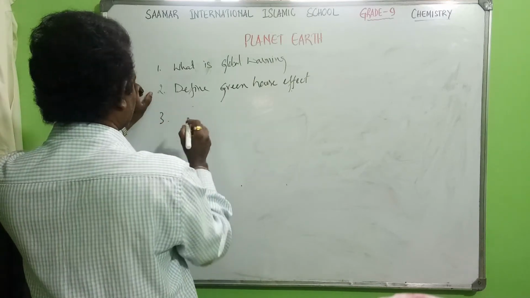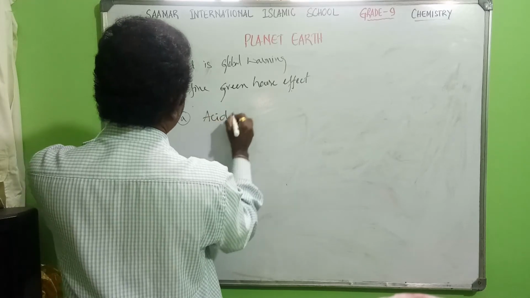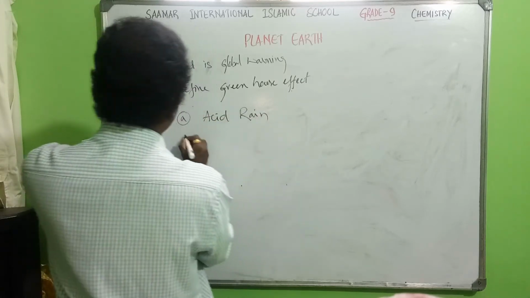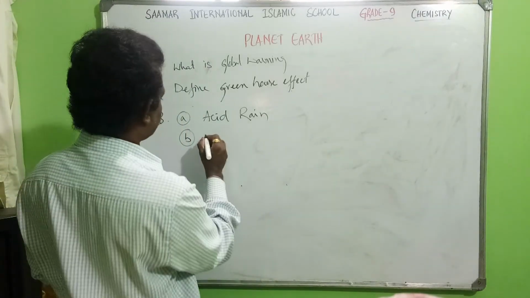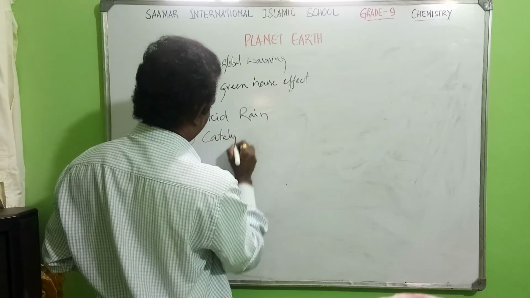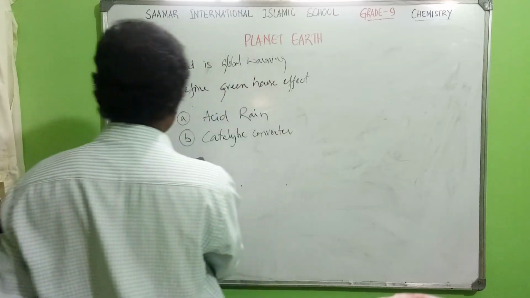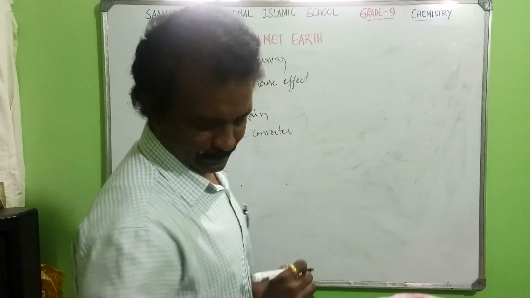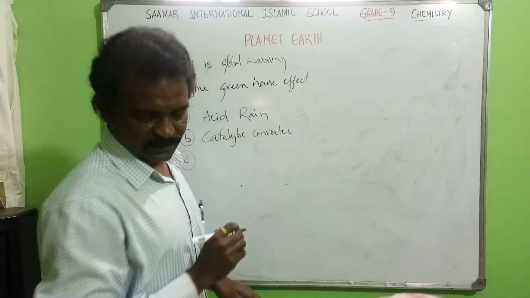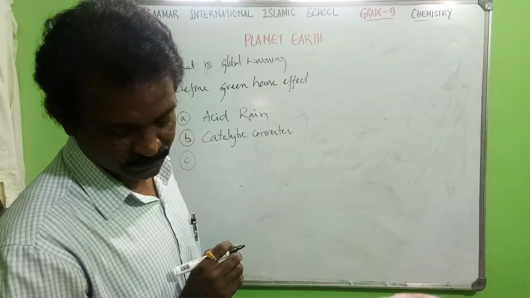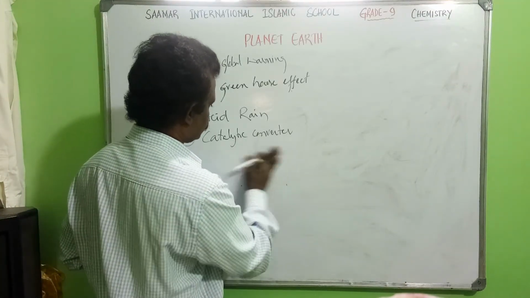Third one: acid rain. A. B. What is a catalytic converter? C. Acid rain.